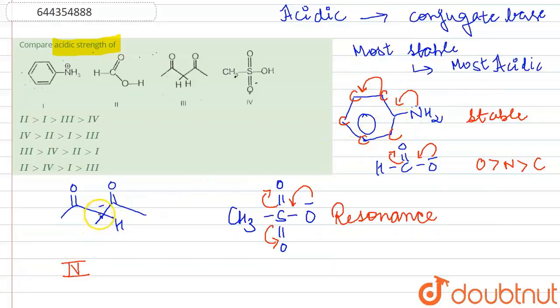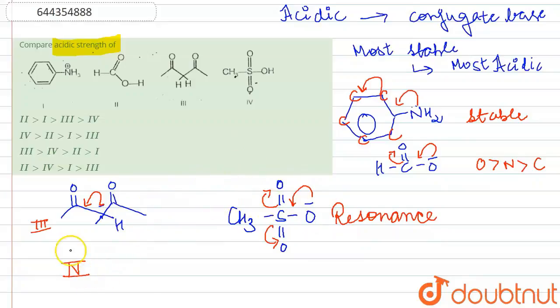Now if you look at this option, which is your option number 3 here, right? In option number 3, when H plus ion is removed, this negative charge is in conjugation, and this oxygen is carrying negative charge, but because of the cross conjugation with this C double bond O group, it will reduce the acidic strength of this compound.